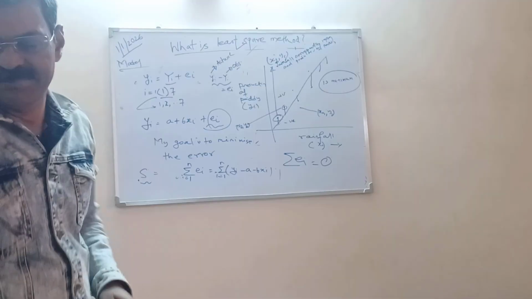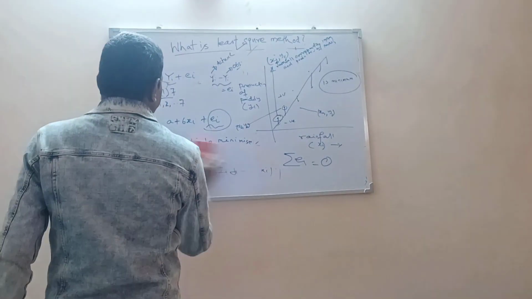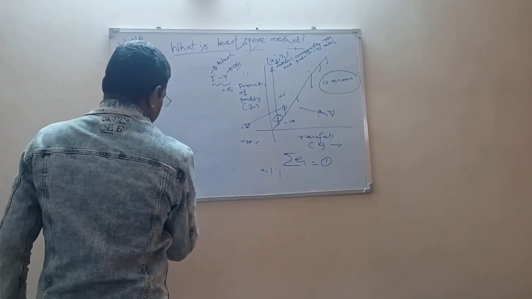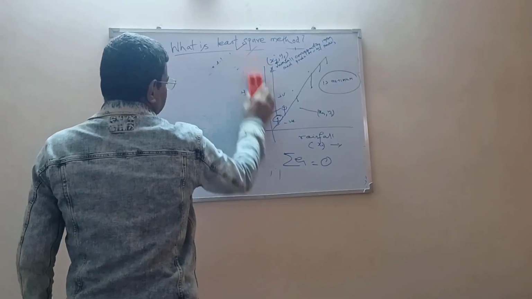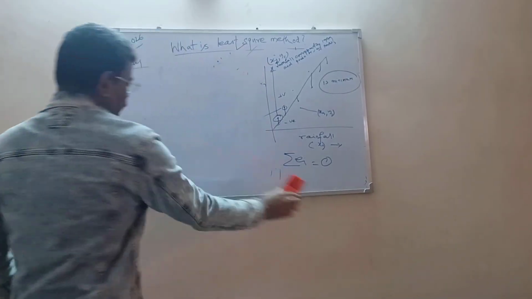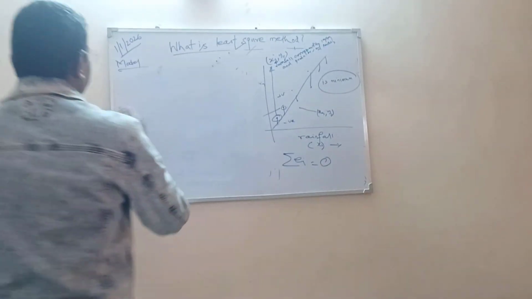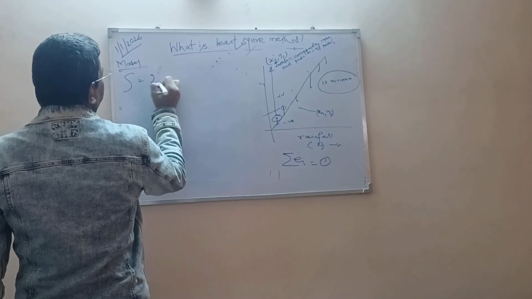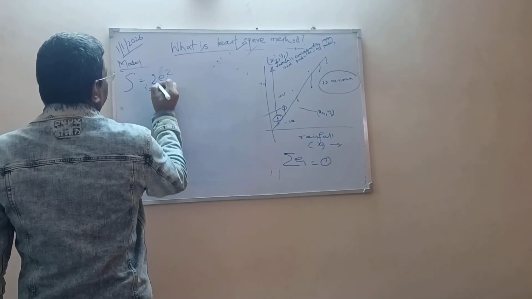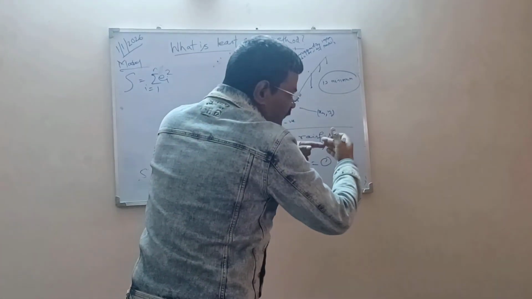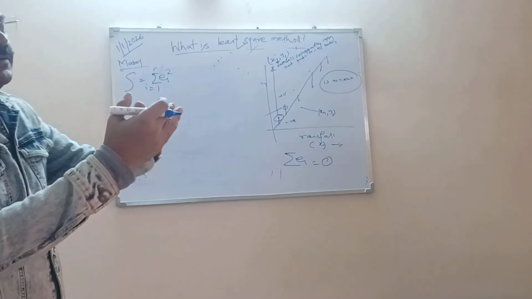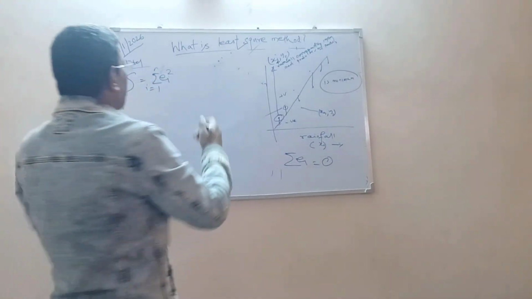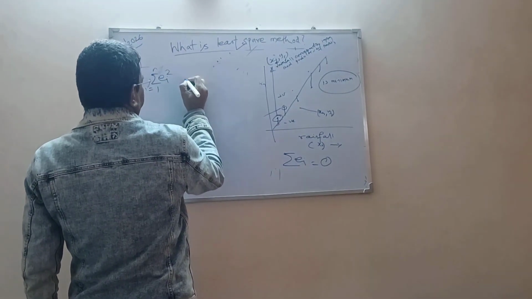So what is my next step? Instead of ei, I am trying to minimize ei square. So I am squaring it. If there is any negative part, that is getting positive, and then I am trying to minimize it.